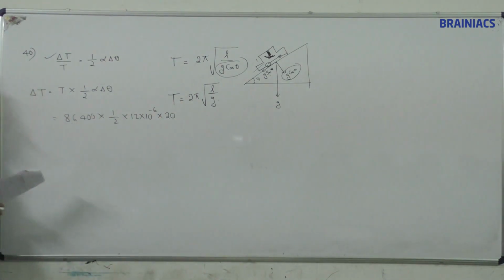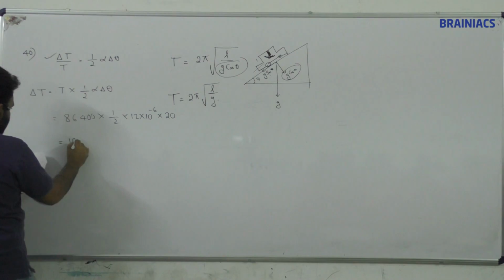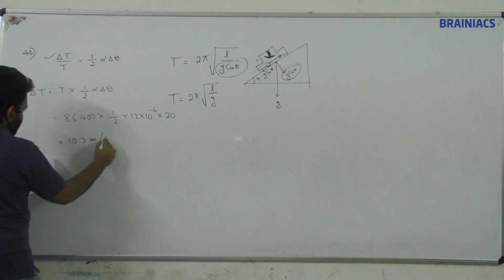Whether it is Kelvin or degree Celsius, the difference is going to be the same. So calculate this. We will be getting 10.3 seconds per day.